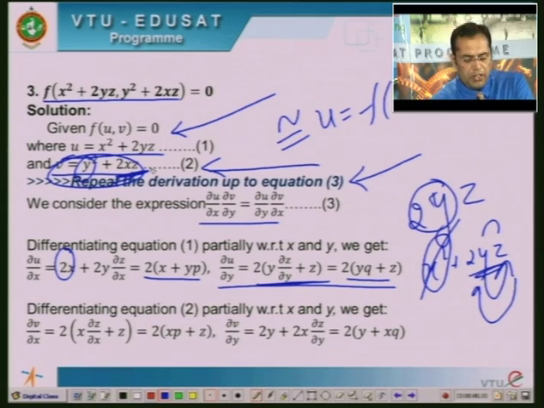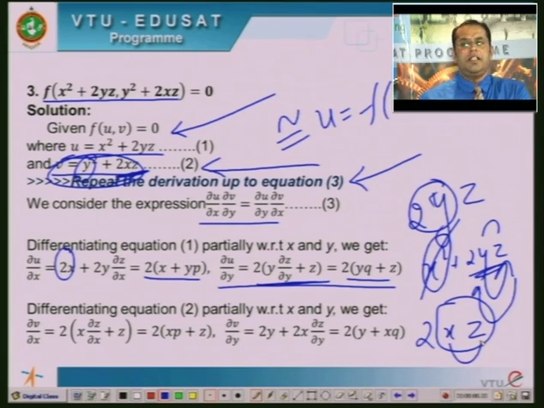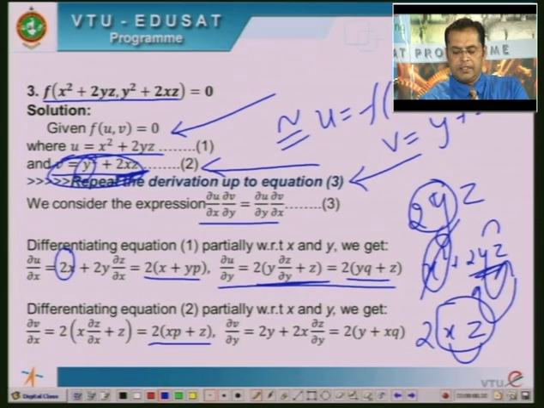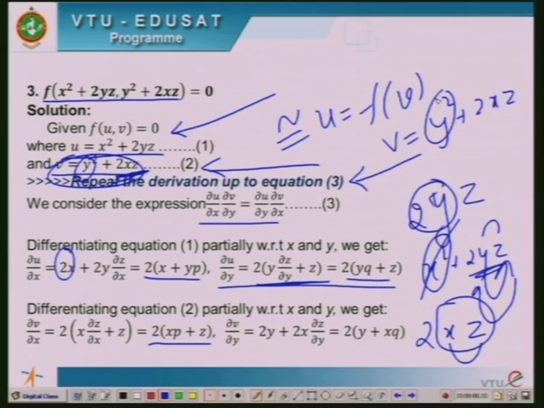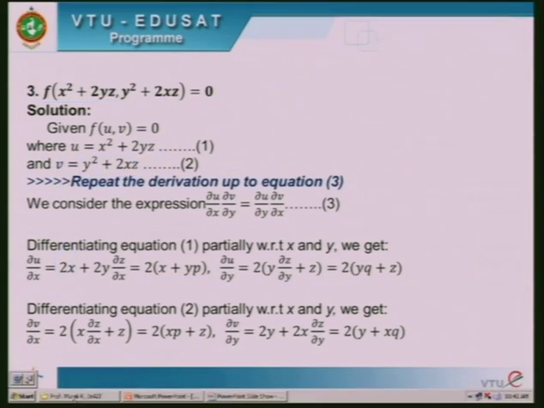So, 2 comes out as the constant, apply product rule for x into z, which gives you x into dou z by dou x plus z into 1, which on using notations is 2 into xp plus z. Now, as far as dou v by dou y is concerned, because v is y square plus 2xz, y square is 2y, and in 2xz, 2 and x are constants, leaving you with the derivative of z as dou z by dou y, which is 2 times y plus x into q.